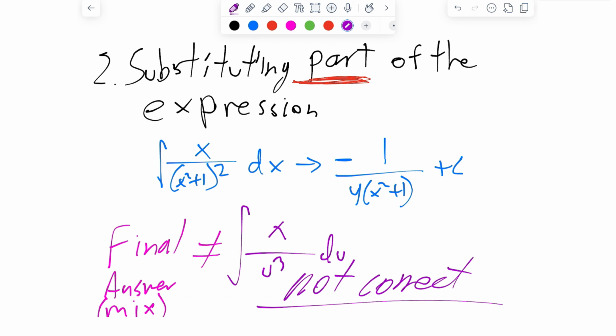But if you do not substitute the du in for the equation and just leave a dx there, oh, I meant to put x over u cubed dx, but it's alright. Because of this, we can't move further in the problem and can't get the actual final answer of negative 1/4 times x squared plus 1, plus c. So always remember to make sure all the variables in your integral are the same variable after simplifying.